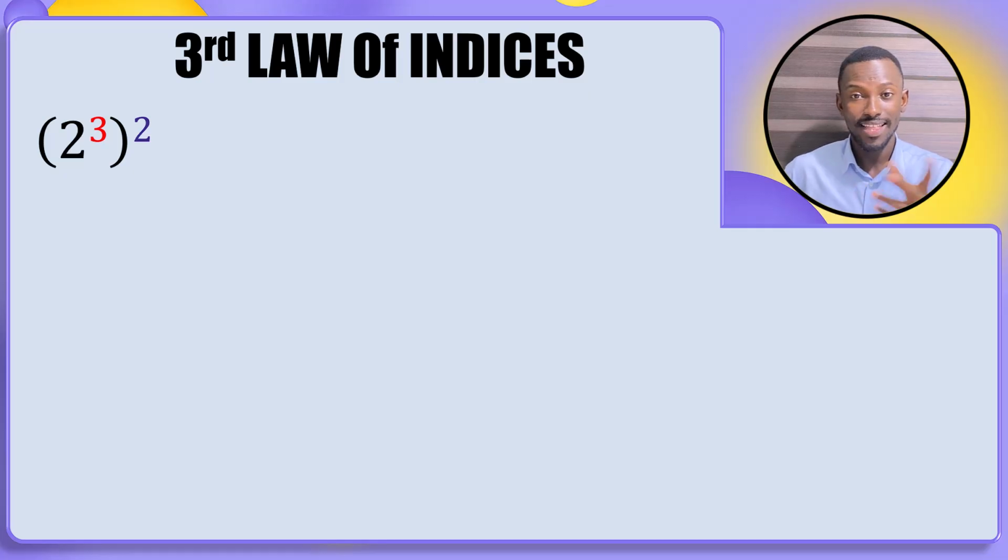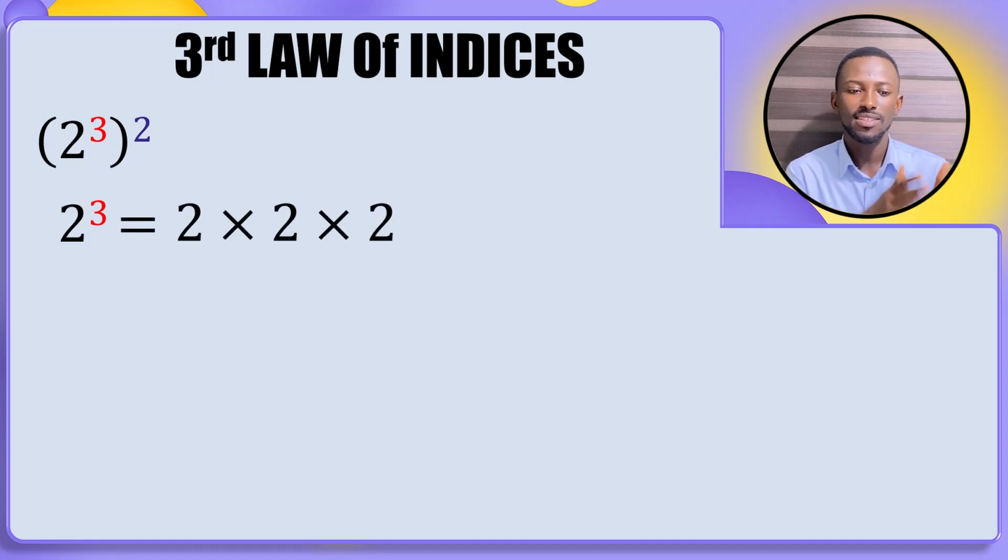But before we look at the third law of indices and how to apply it on this, I want you to look at this. Let's pick the number in the bracket, which is 2 to the power 3. What does 2 to the power 3 mean? It means 2 times 2 times 2, or 2 multiplied by itself 3 times. I hope that's clear. So what is in the bracket is actually 2 times 2 times 2.